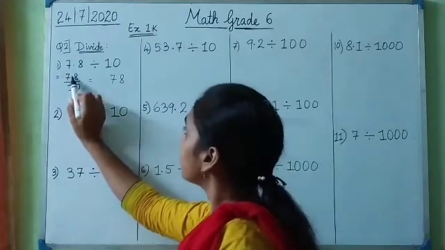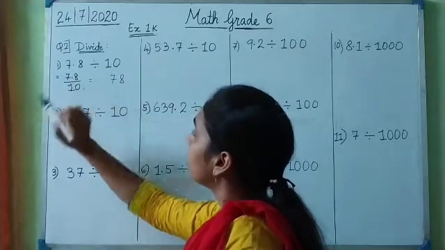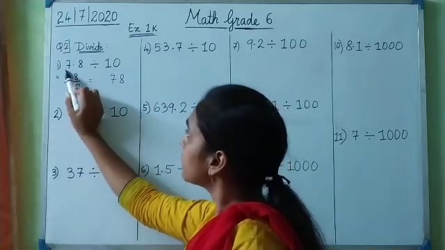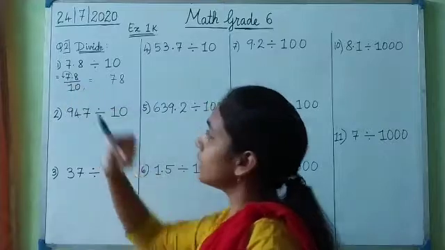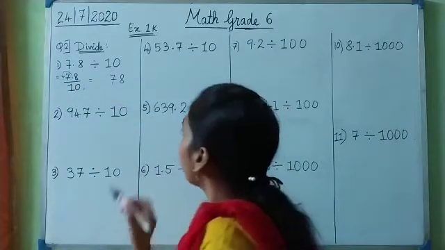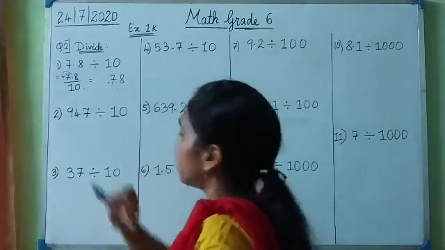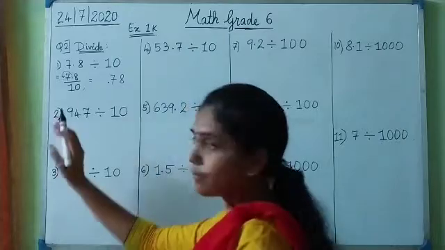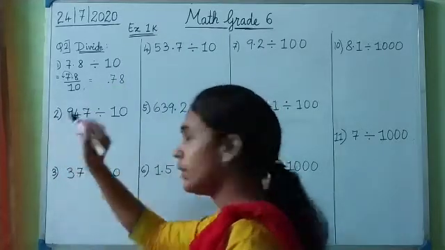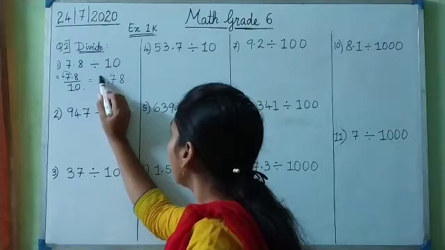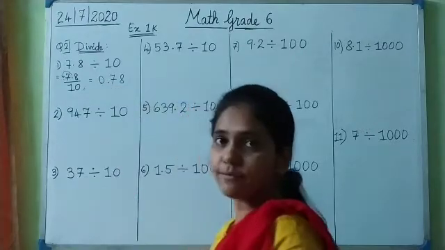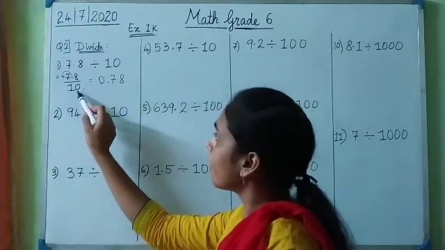By shifting the point one digit towards the left, the point will come before 7. If there is no number before the decimal point, we put a 0. So this becomes 0.78.